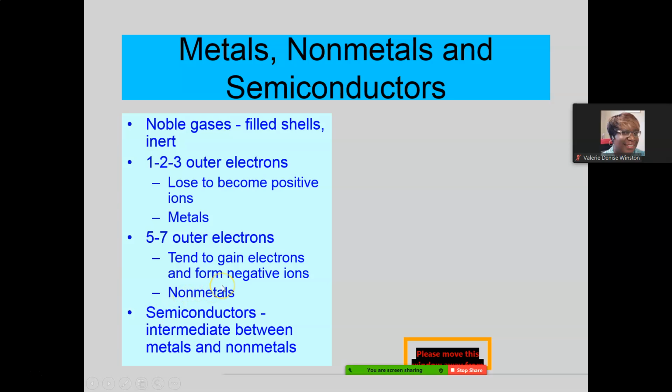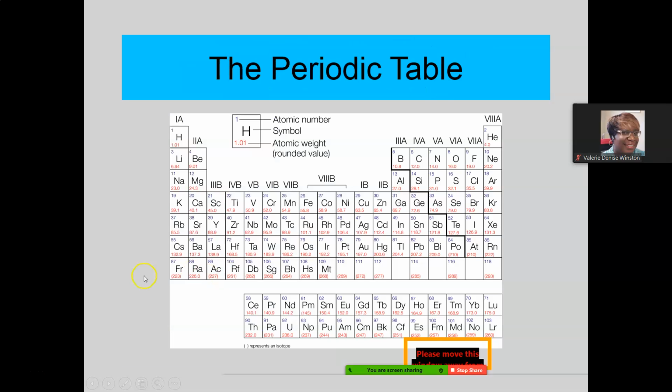These are typically your nonmetals. So basically, 1, 2, and in some senses 3, these are mostly metals. Boron is not a very strong metal. Okay, these are not very strong metals. They are soft metals, but they are technically metals.